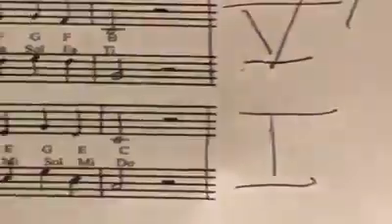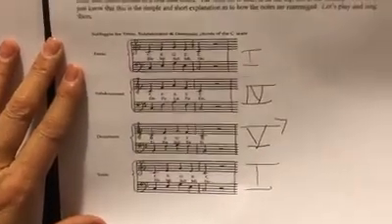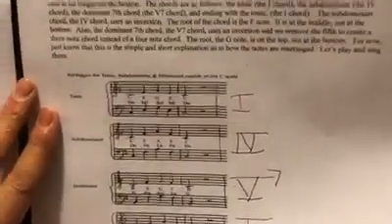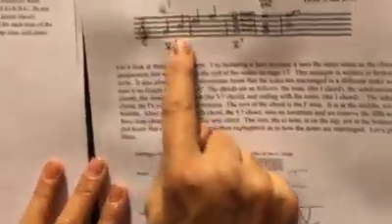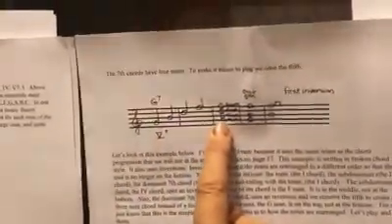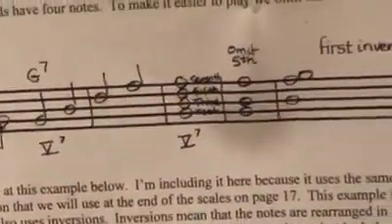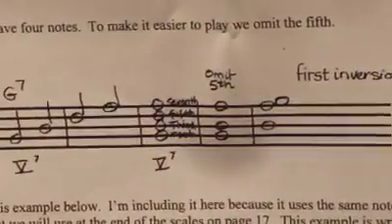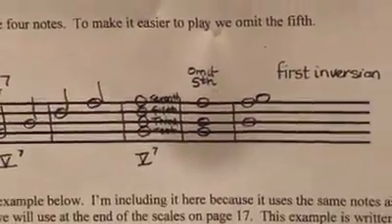Now let's look at a 4-note chord. The 7th chord is a 4-note chord, but to make it easier to play, we omit the 5th. And so here you have G, B, D, F. The bottom note is the root. On top of it is the 3rd. Then you have the 5th and the 7th.